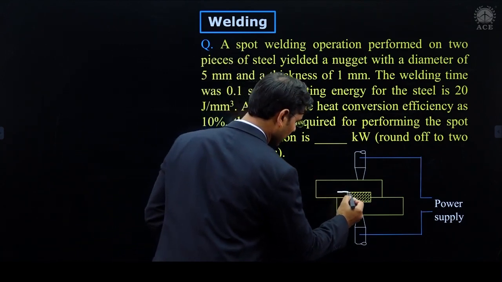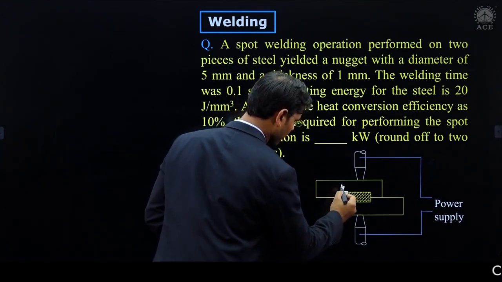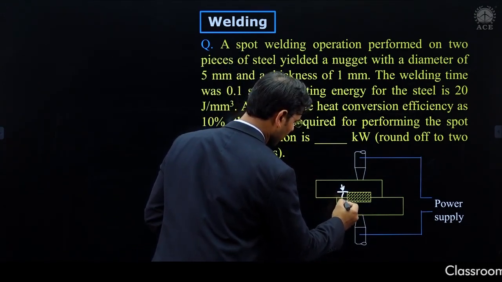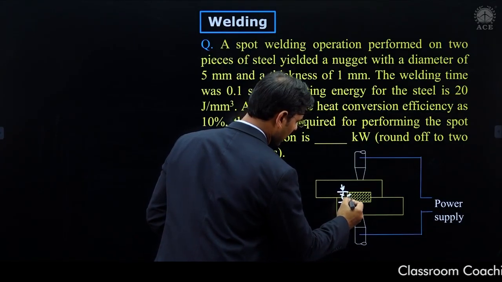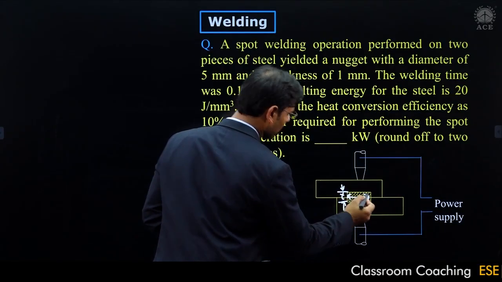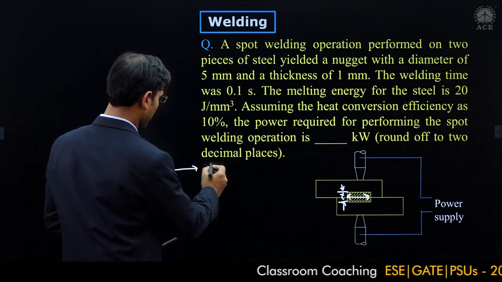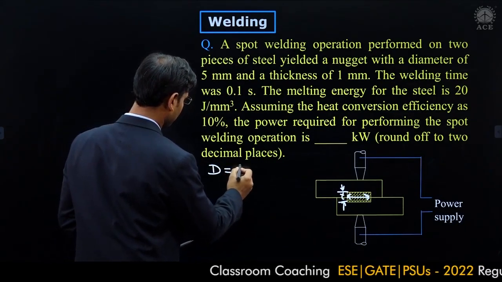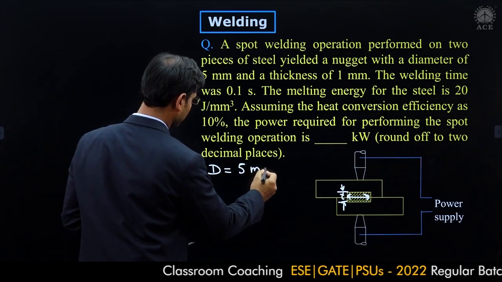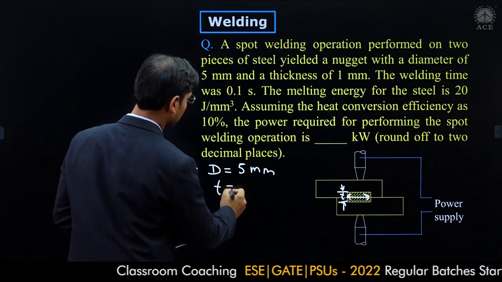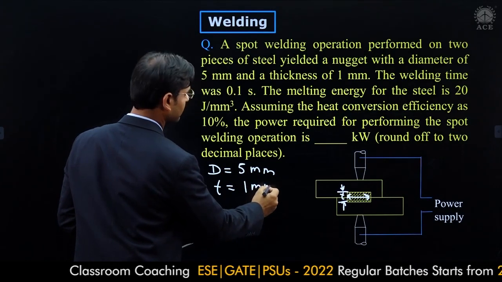This is the thickness of the nugget, and this is the diameter of the nugget. It is given the diameter, I am writing here 5 millimeter, and thickness it is given 1 millimeter.